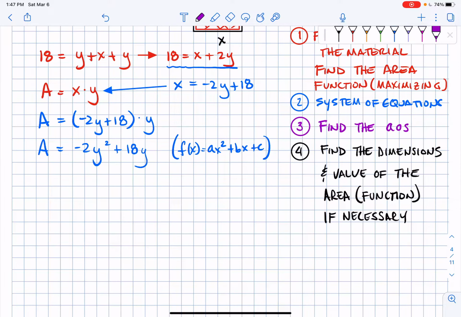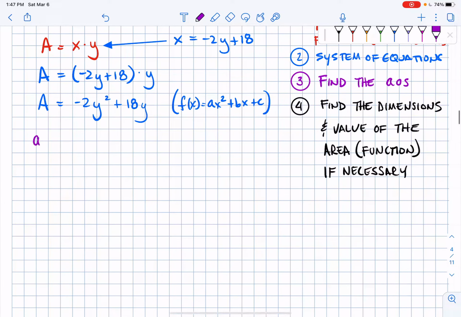My next step is to find the axis of symmetry. Axis of symmetry is x equals negative b over 2a, but in this case it's not x anymore because this function is a function of y. So y is going to equal negative b over 2a, which is negative 18 over 2 times negative 2.